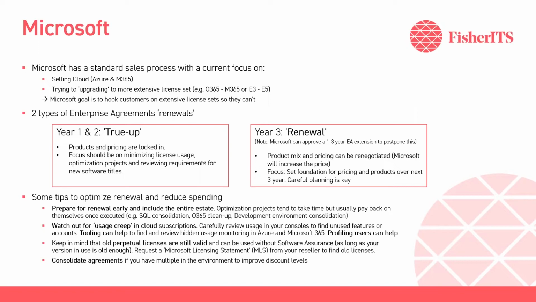In one part of the environment is older software. If you still got an old 2012 deployment and so onwards, which you barely do anything with, it could be smart to put it separately and say, all right, we're going to stop software assurance there and keep it on the newer environment that we want to keep maintaining, that we're going to use going forward. It could actually help you reduce some cost there.